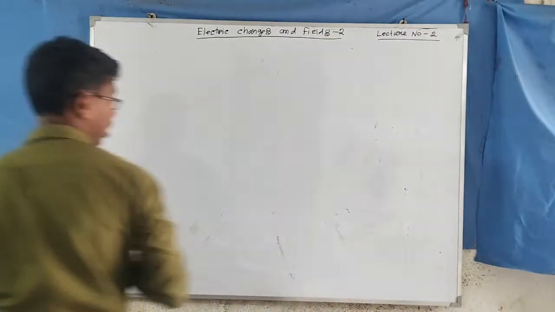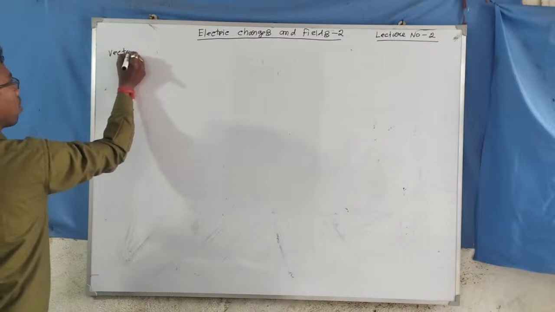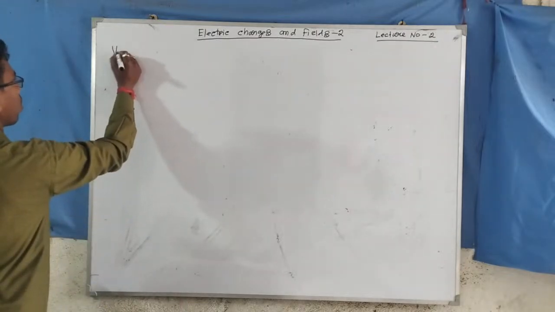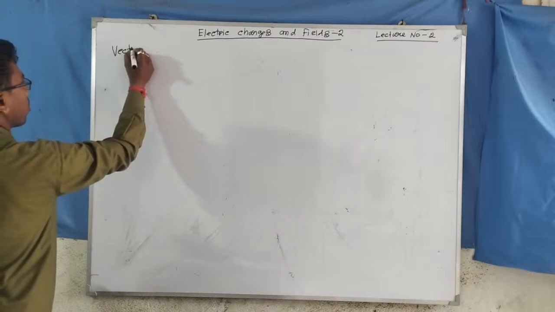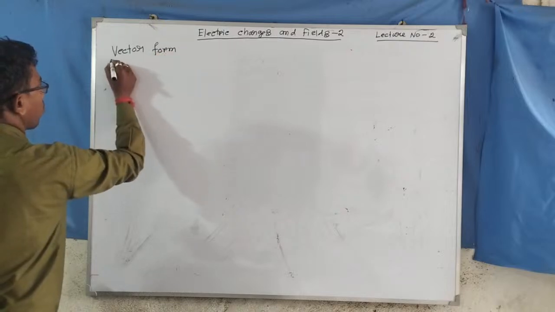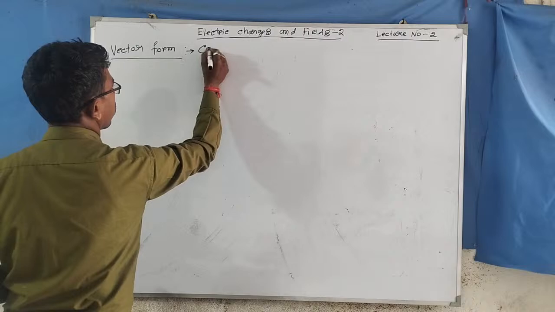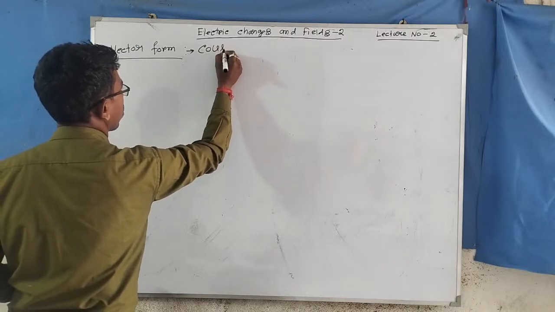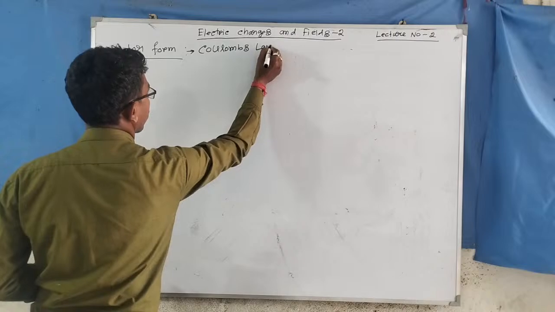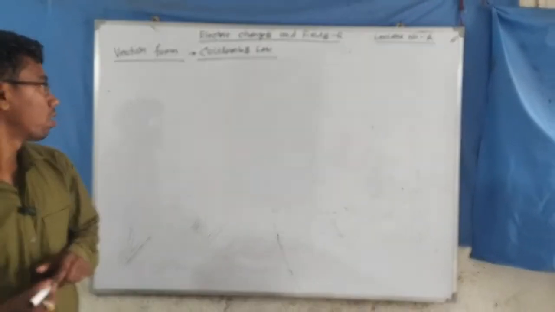Lecture number 2: vector form of Coulomb's law.